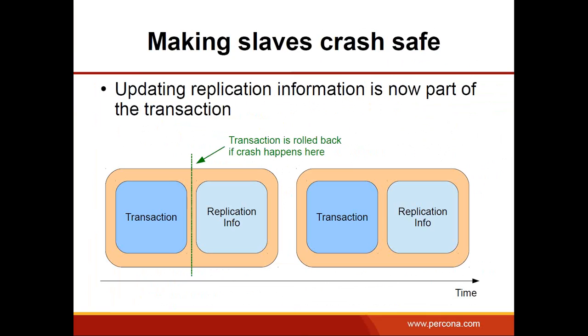That's the first two settings, and you will also need to enable relay log recovery. To do that, you will need to restart MySQL. It's not needed for the first two, where you only need to run stop slave, but you will need to restart MySQL for the third one.